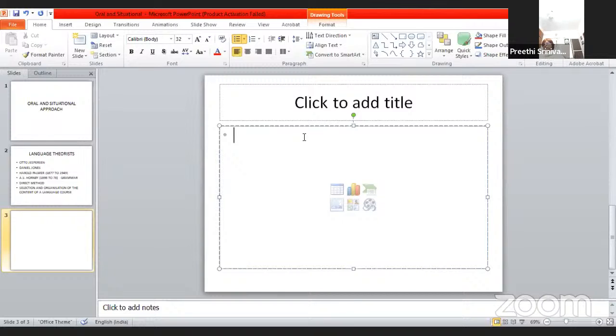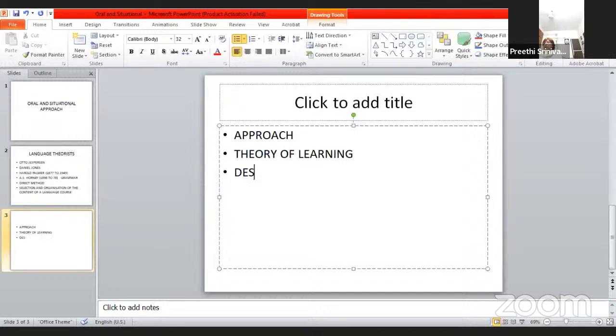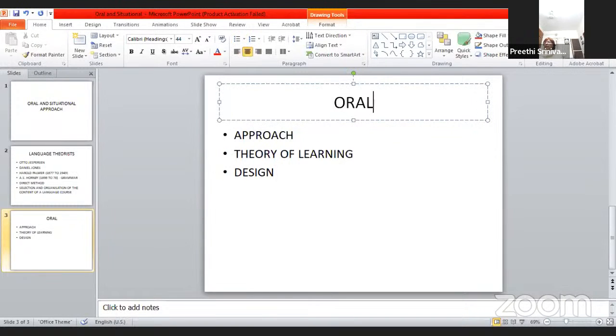In the next chapter also you have the audio lingual method, and first you have the approach, theory of learning, and the design. So we looked at the approach, theory of learning, and the design in the oral and situational learning method.